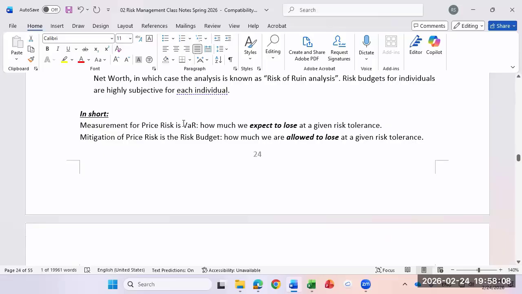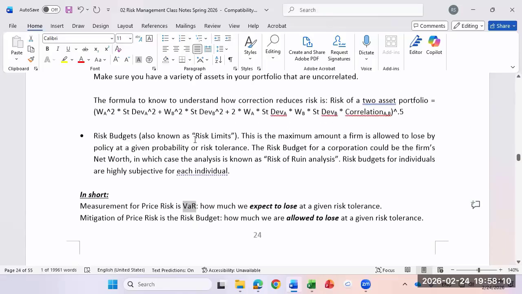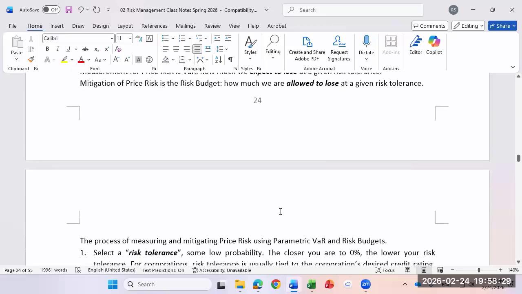So value at risk is impacted by that correlation because we're calculating value at risk using standard deviation, and standard deviation is impacted by correlations, so that's critical. Your value at risk is how much you expect to lose. Your risk budget or your risk limits is what you're allowed to lose.